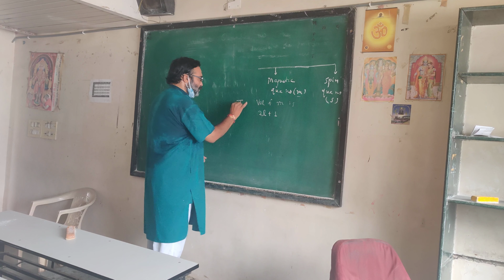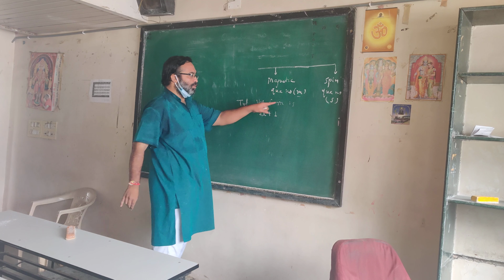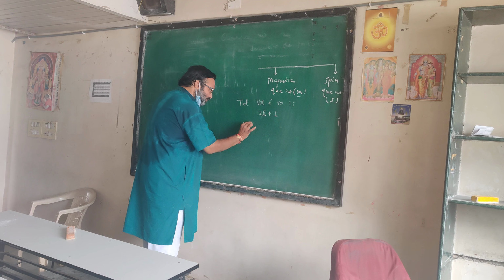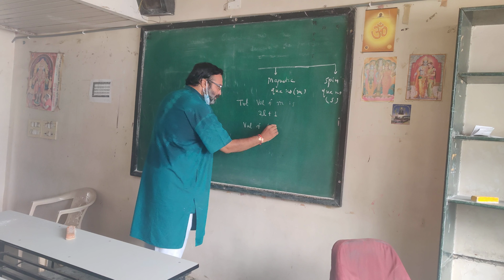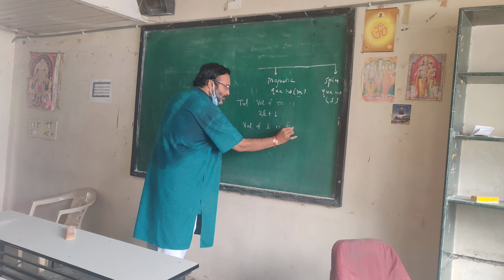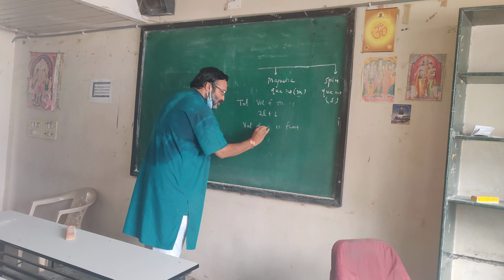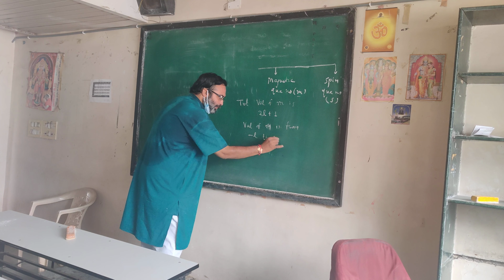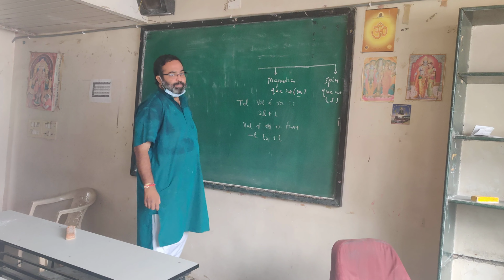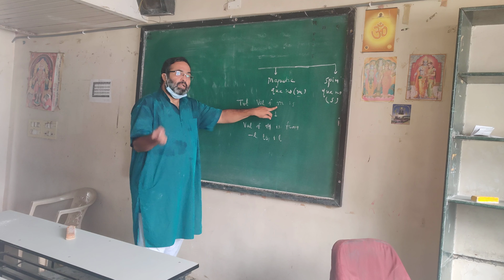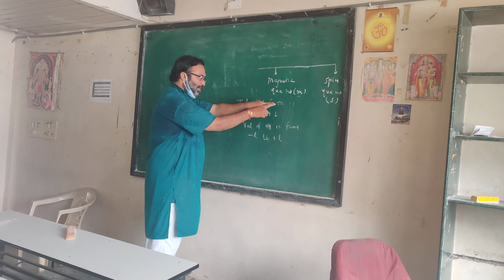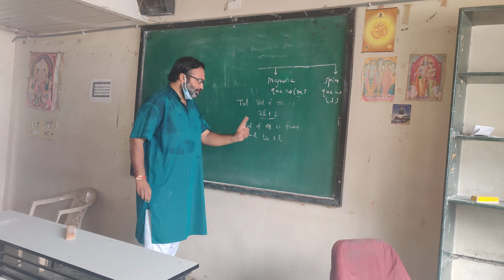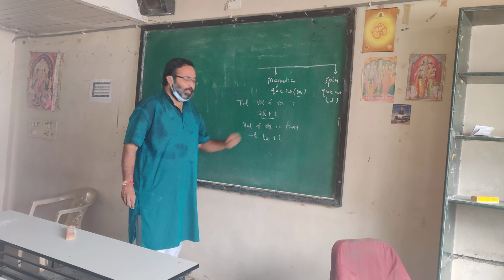This means the total number of values of m is 2l plus 1, and the values range from minus l to plus l. You should understand this properly.